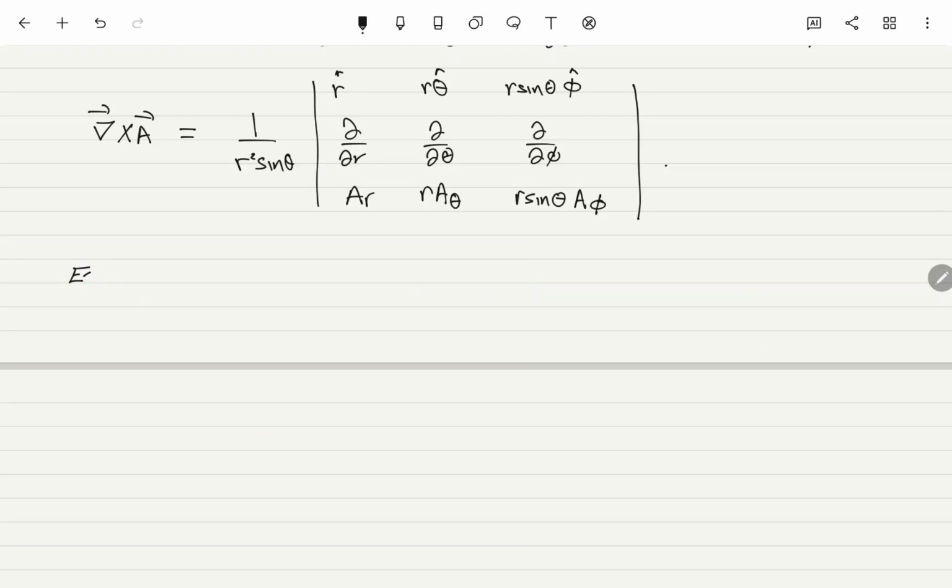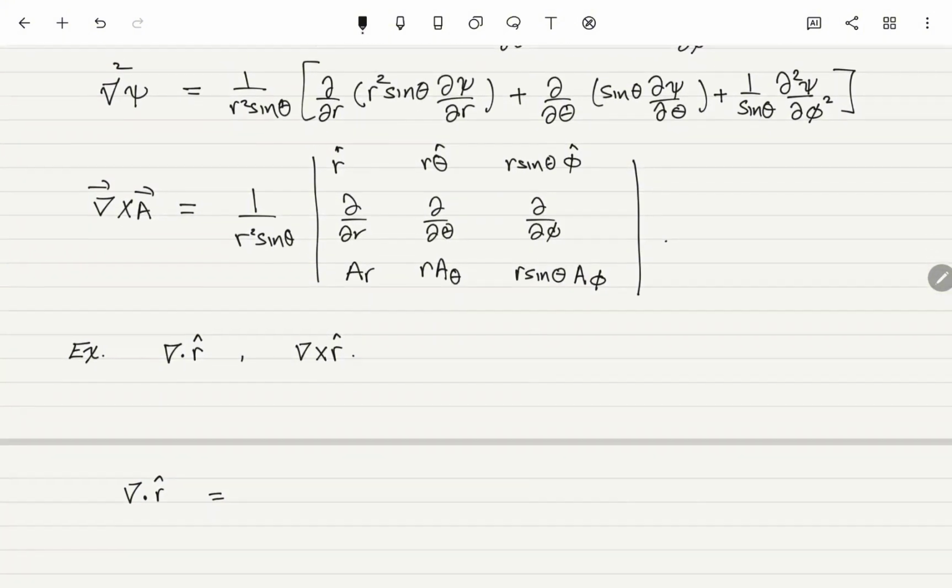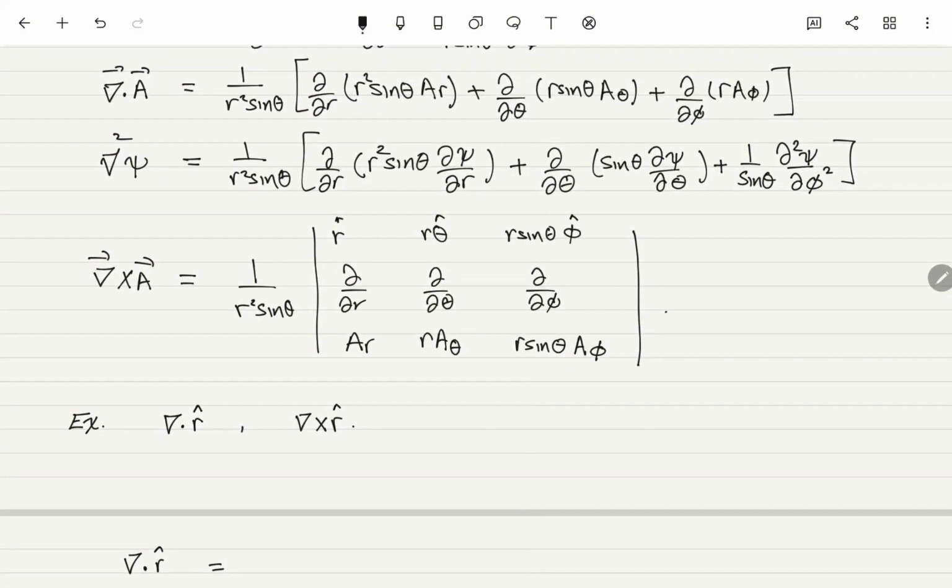Example: find divergence r hat and find curl r hat. Now, to find divergence r hat, go back to the definition of divergence, which is this one right here.